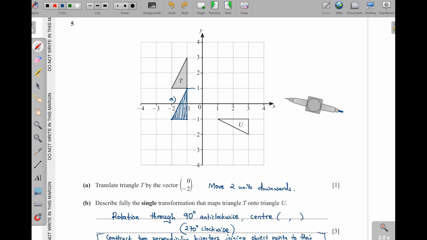So this one here corresponds to this one here. So I can begin with that. Get your ruler, draw a line. You can actually make this one dotted such that it doesn't interfere with the perpendicular bisector you're going to draw. Okay, now get your compass, you press it here, make sure that it goes beyond the midpoint of that line, because if it doesn't, then the arcs are not going to meet.